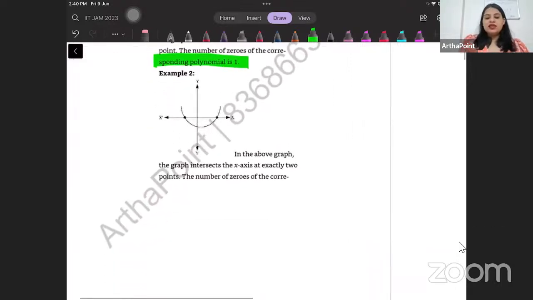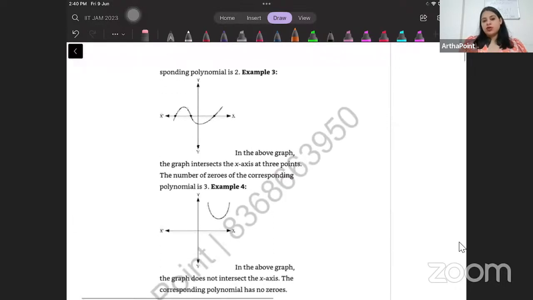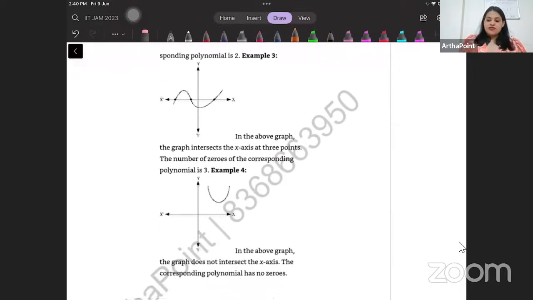In this graph, you are intersecting the x-axis 2 times, here and here, which means that there are 2 zeros corresponding to this equation. Come to the next graph, beta.